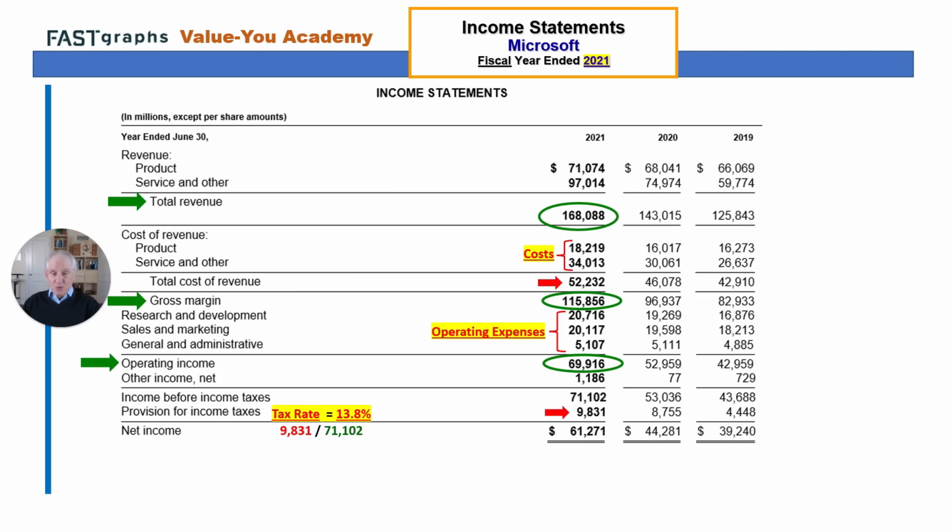Now, what's their tax rate? Well, I figured it there. You take 9.8 billion, you divide it by the income before income taxes of 71.1, and they're paying about 13.8% of their income before income taxes out to the IRS.